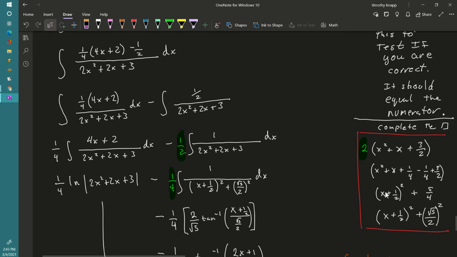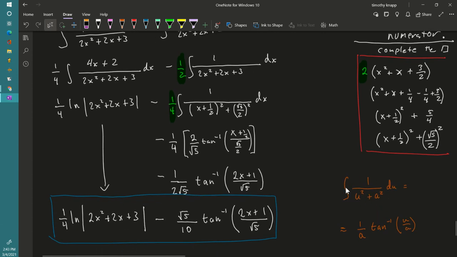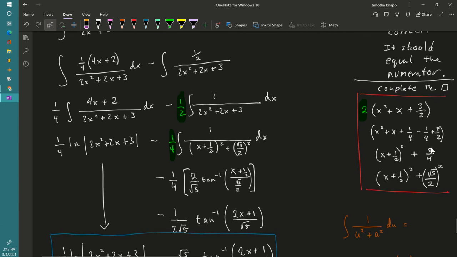And now I've got almost what I need, but this 5 over a quarter needs to be written in the format of a square, because I've got the something squared plus something else squared format in the denominator. And we know if we have that, we get to use this integral rule. Something squared plus something else squared is equal to this, okay? And this is a standard formula. And so now I basically rewrote that like that.